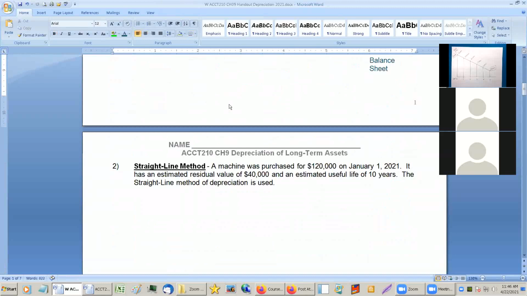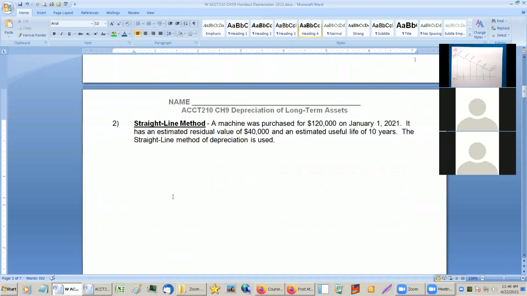Okay. Let's jump to number 2. So they purchased it for that, with a residual value of that, over 10 years.